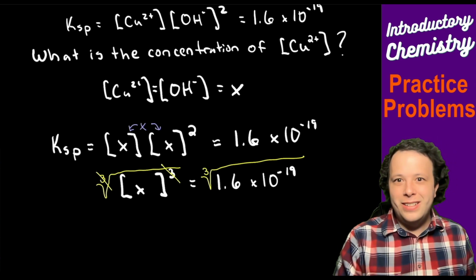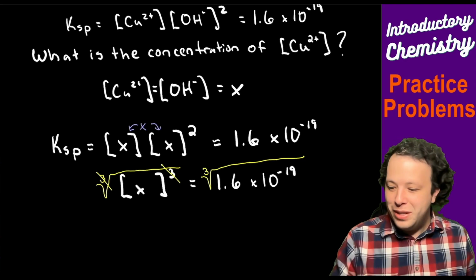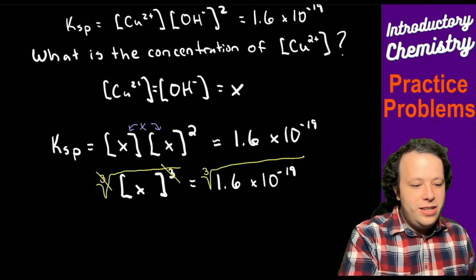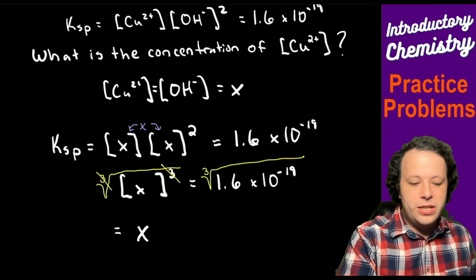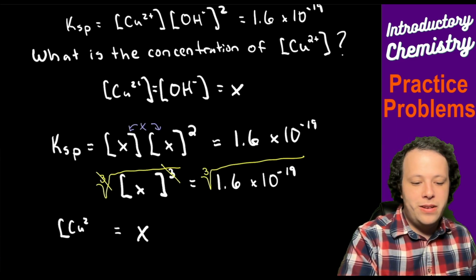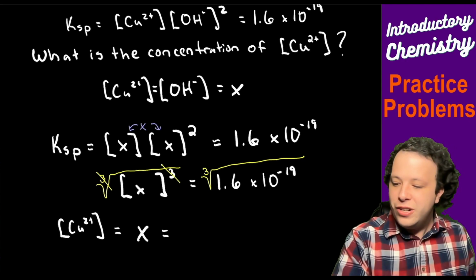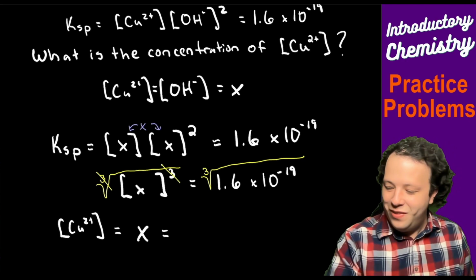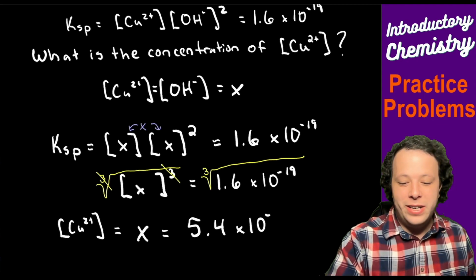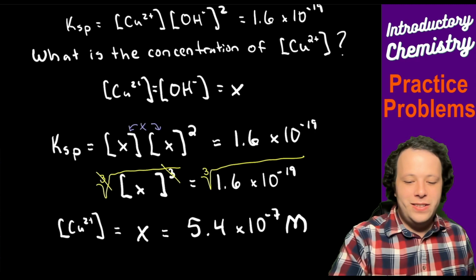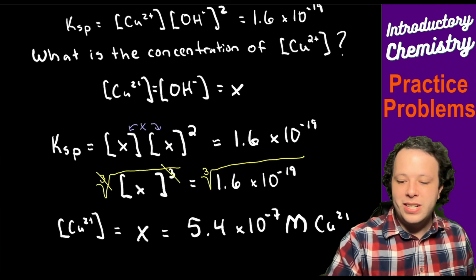That's something that you can just plug into a calculator. When you do that, it's going to tell you that X, which is the same thing as copper, the concentration of that is going to be equal to 5.4 times 10 to the negative 7 molarity. And that's going to be your copper 2 plus concentration.